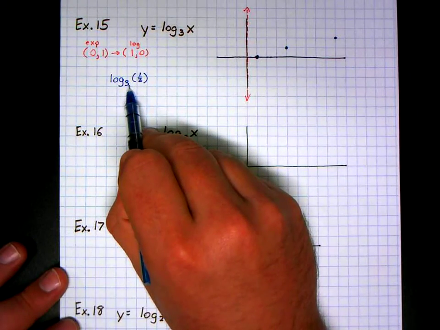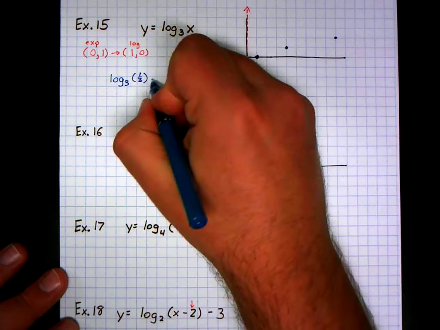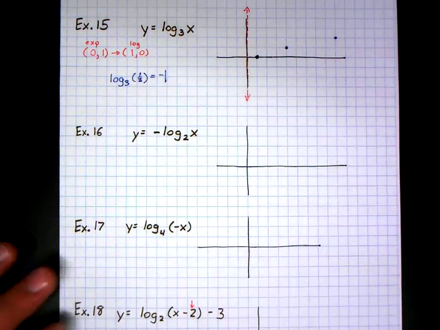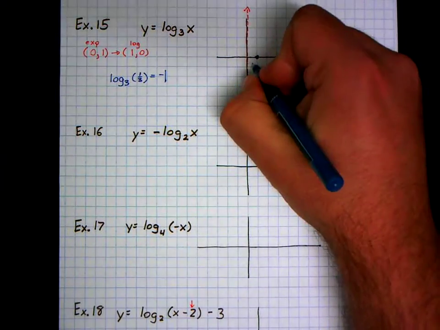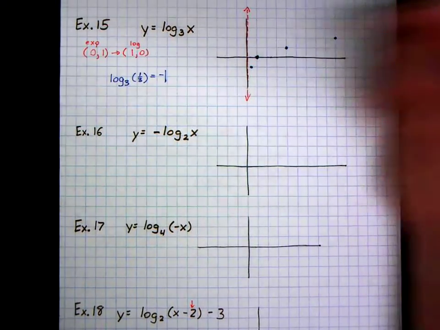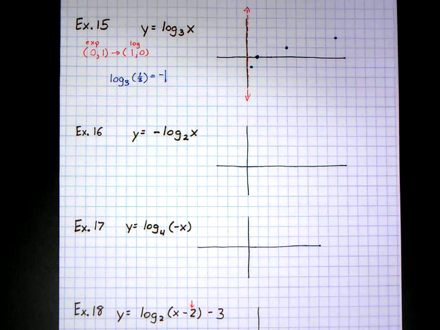One-third is just 3 flipped over, so that would give me -1 for an answer. And my next point that would actually give me a whole number answer would be 1/9, which would really get insane.